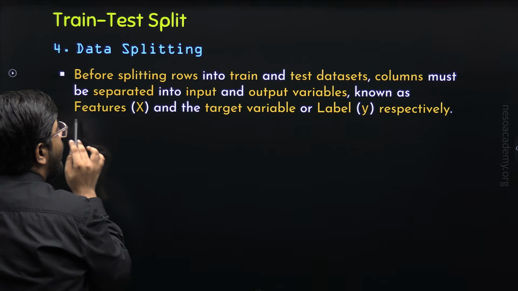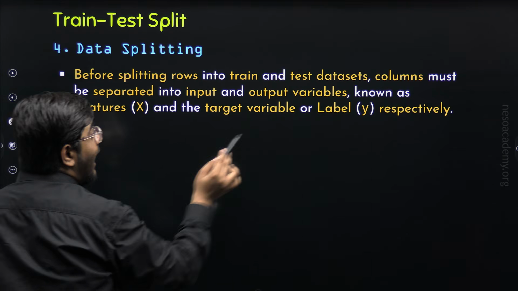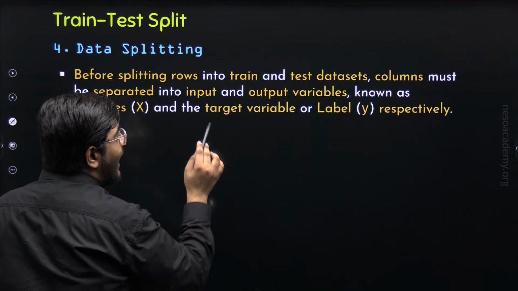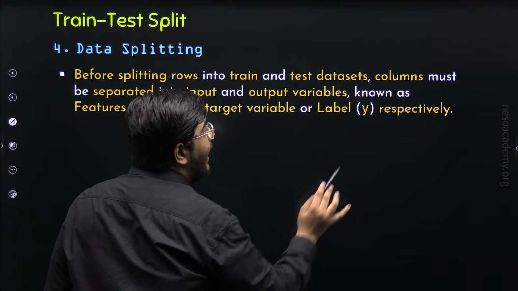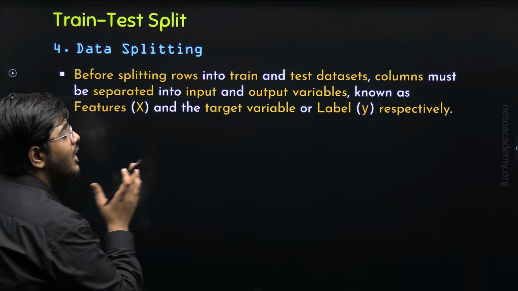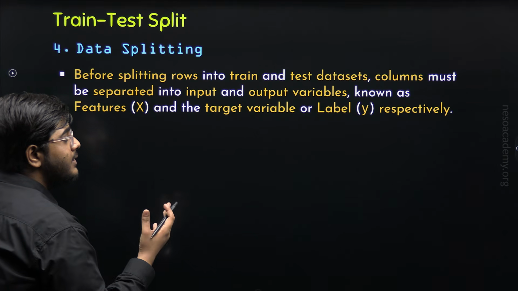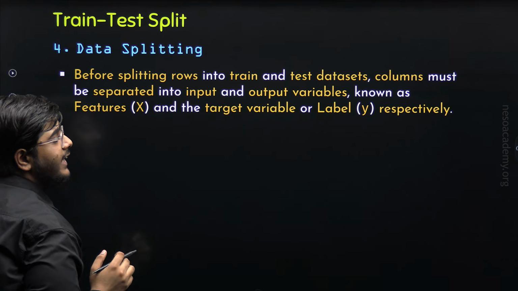Input variables are known as features represented by the uppercase X, and output variable is known as the target variable or label represented by the lowercase y. This is known as feature label separation. That means we need to separate label from the features of our dataset.